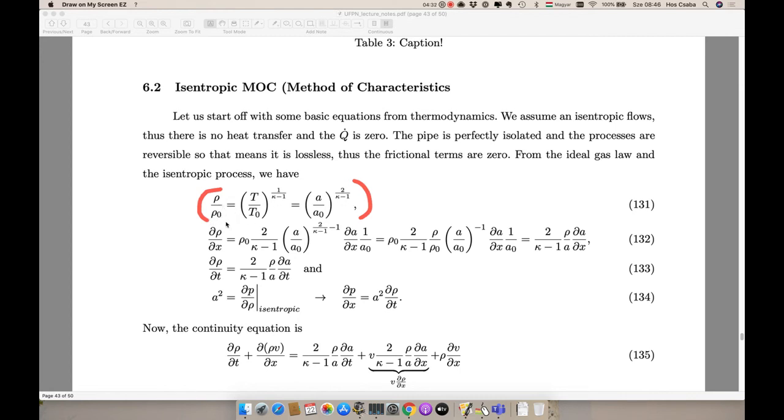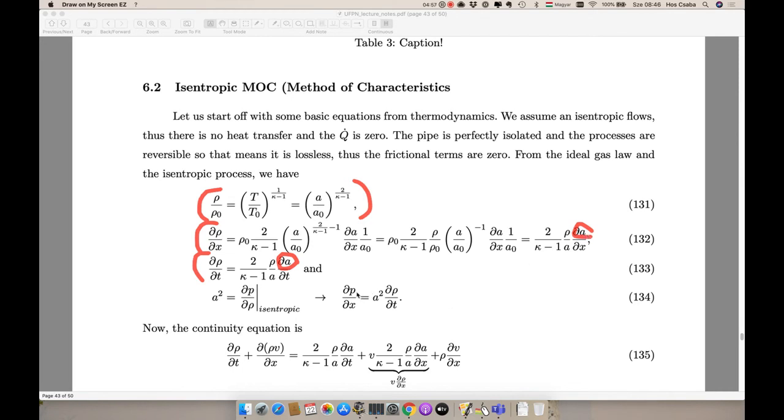If you make this replacement, then the temporal and spatial derivative of the density can be replaced by something including the sonic velocity A. So now A stands for sonic velocity. We can get rid of the density and use sonic velocity instead.